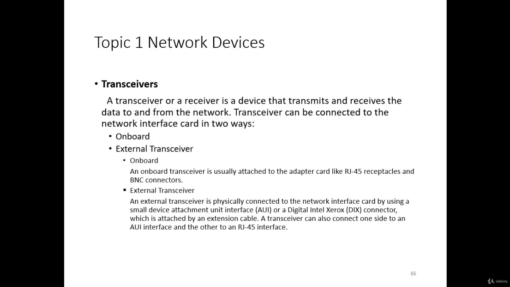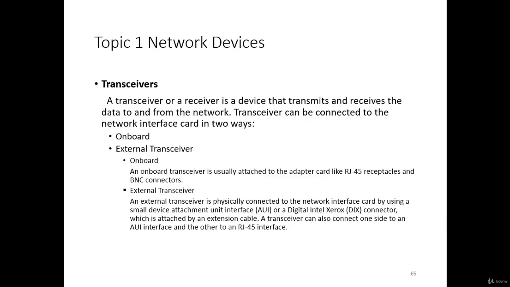Transceiver. A transceiver is a device that transmits and receives data to and from the network. A transceiver can be connected to the network interface card in two ways: onboard or external transceiver. Onboard. An onboard transceiver is usually attached to the adapter card, like RJ45 receptacles and BNC connectors.